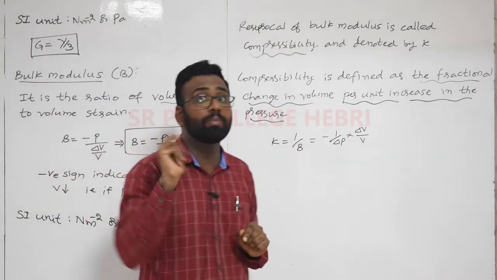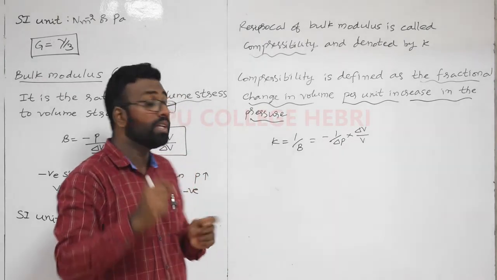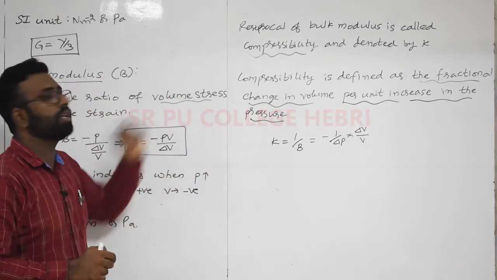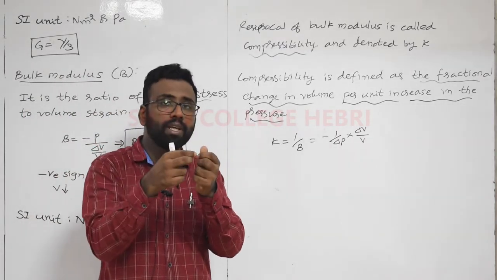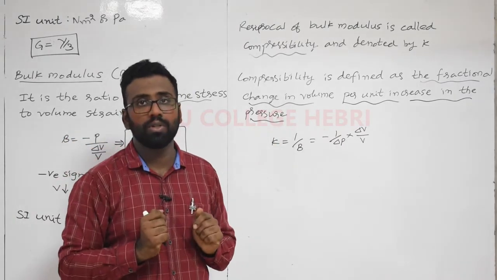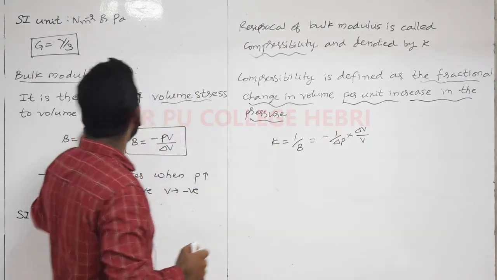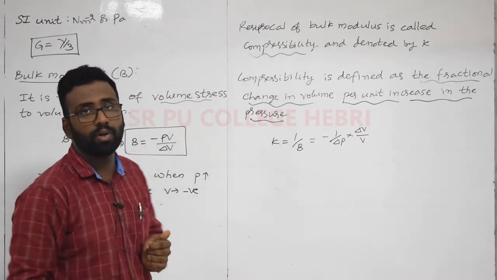Remember from the previous class, volume stress is because of the internal force, correct? The internal force is produced by the body so as to oppose the external force. That's the reason why compressibility is opposite to that of the bulk modulus.